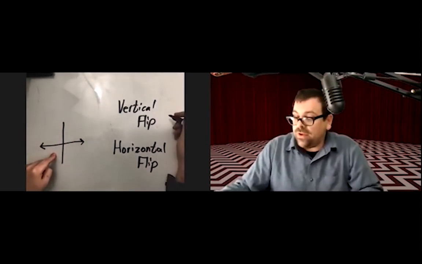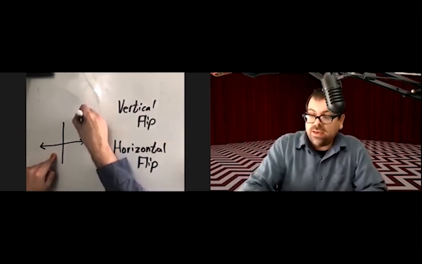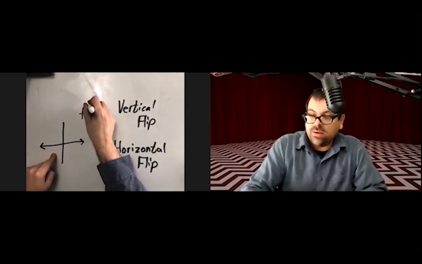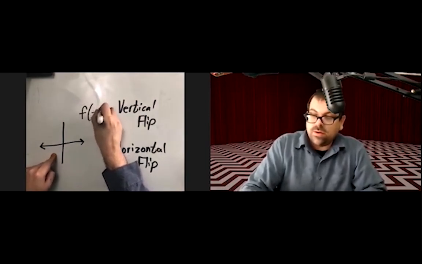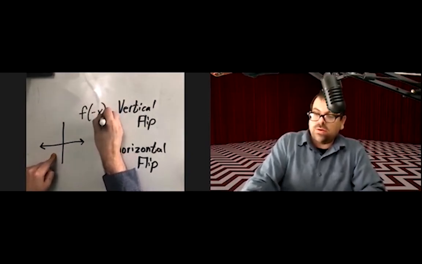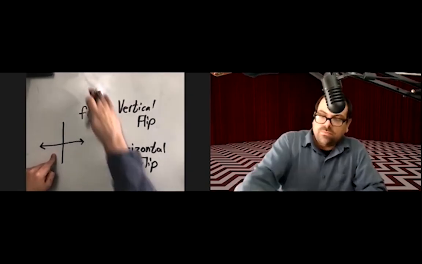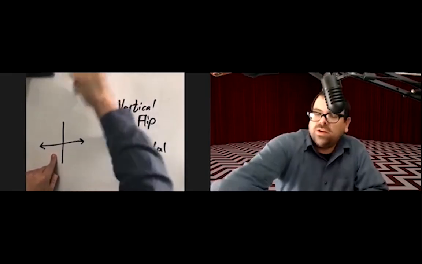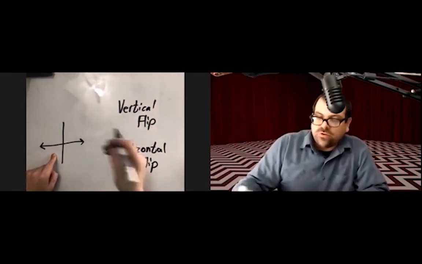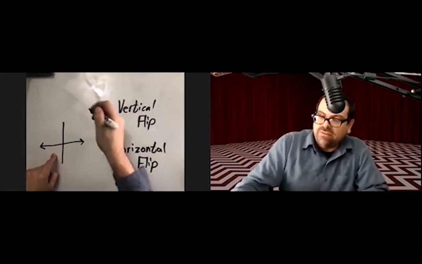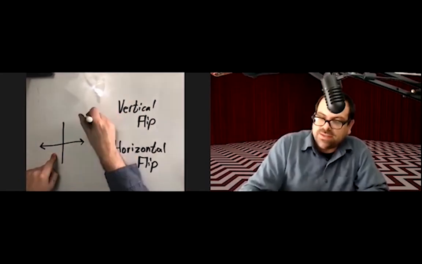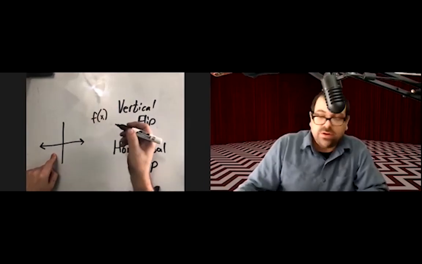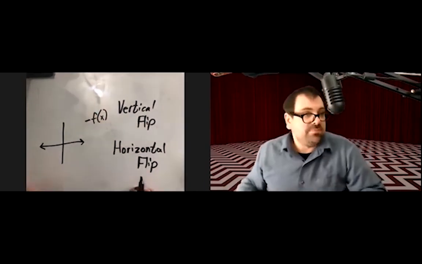So a vertical flip is when we take, don't write down what I just wrote. It's the opposite of what the correct answer is. A vertical flip, we're going to take the y values and make them their opposites. So whatever we have for the function, the output, we take the opposite.